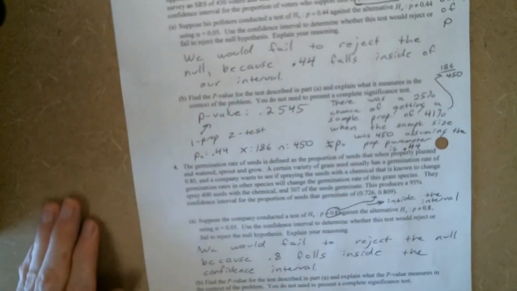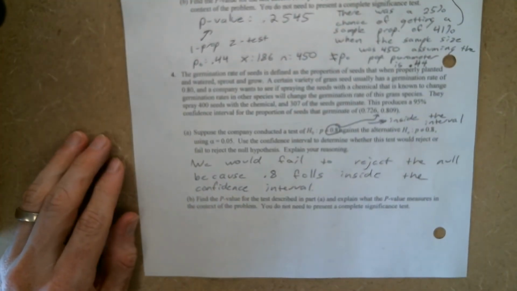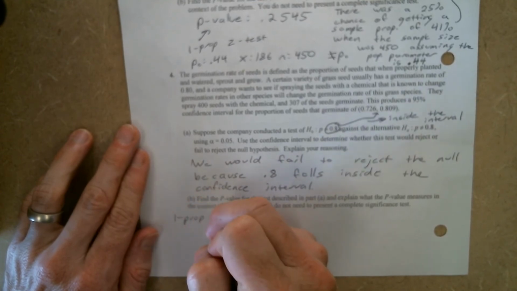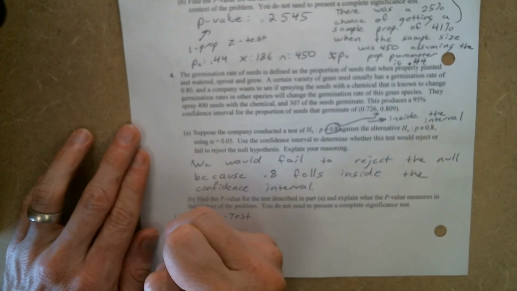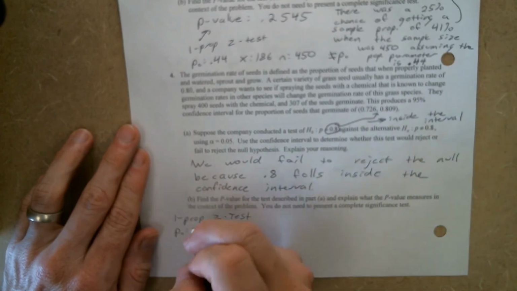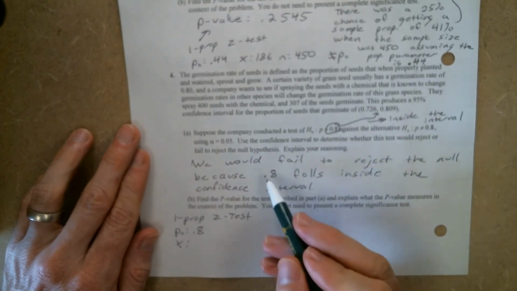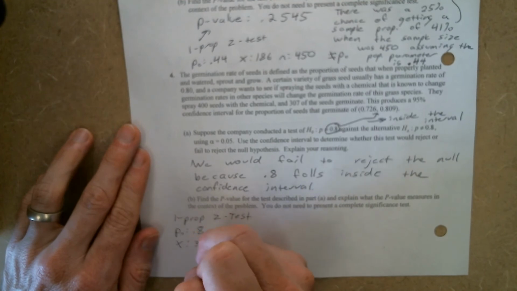Part B, find the p-value for the test described in Part A. Explain what it measures in the context of the problem. So again, same thing we did up above, just different numbers. We're still using one prop Z test. This time our p sub 0 is 0.8. Our x is 307.